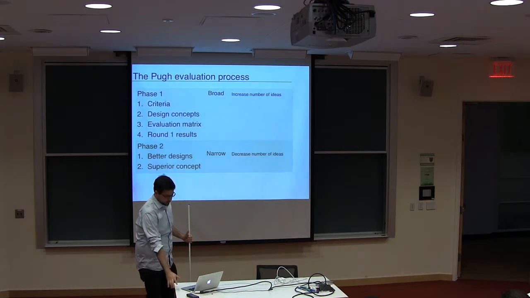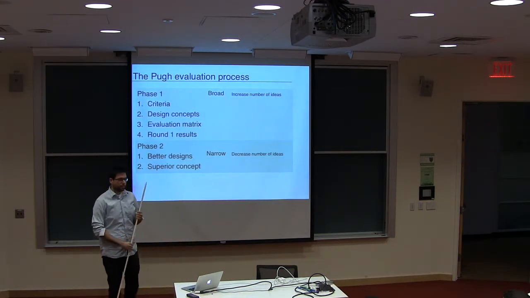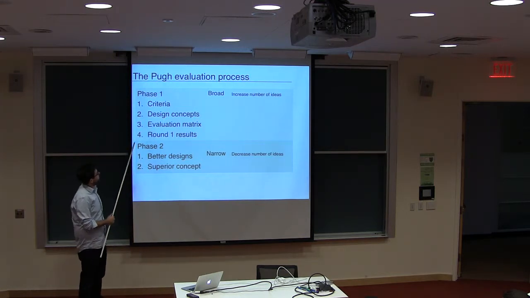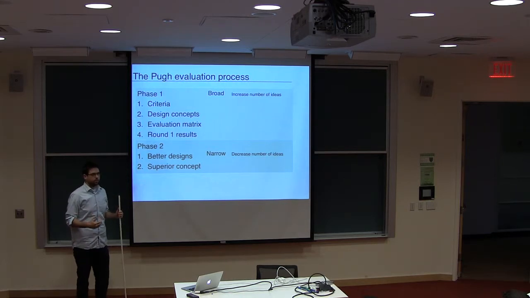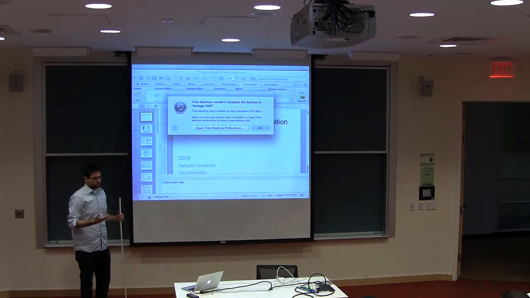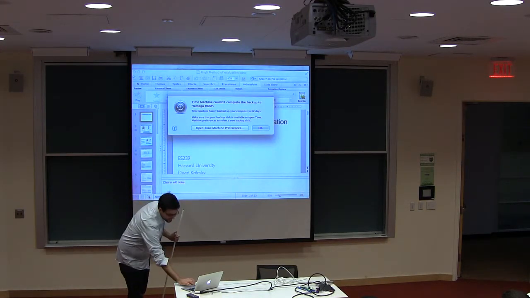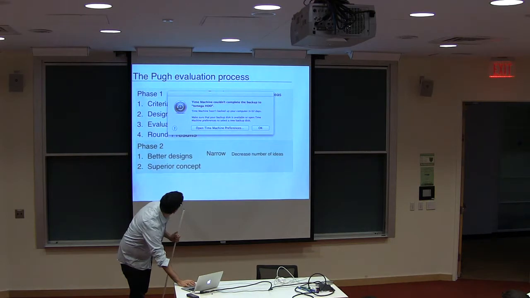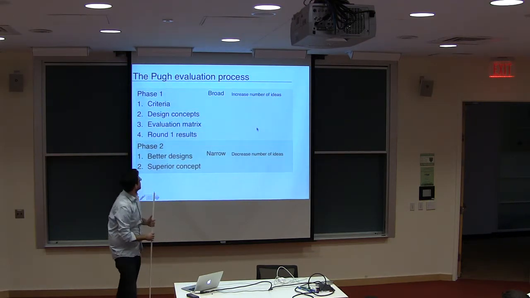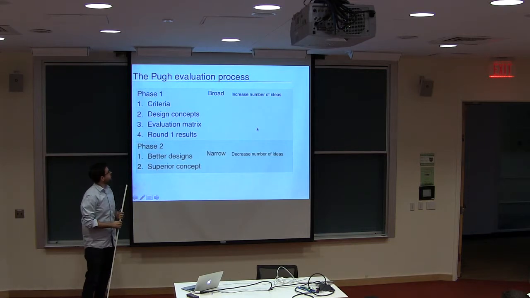Okay. So in summary, the Pew evaluation process is two phases. The first phase is the criteria phase, where you select criteria to compare your ideas to.